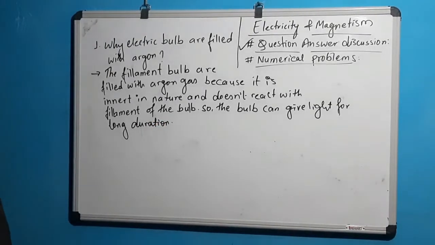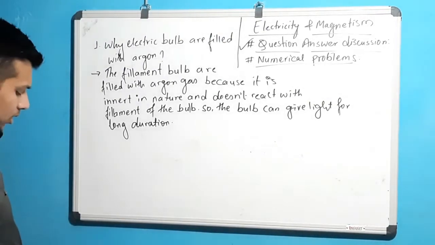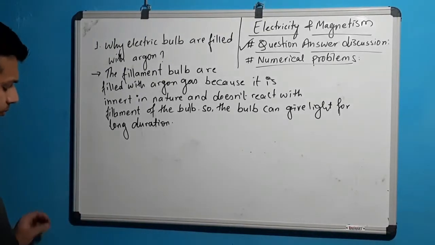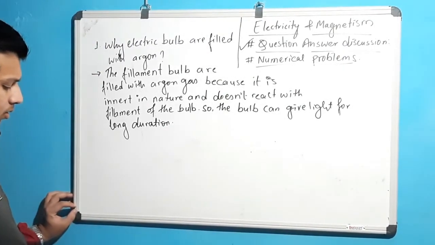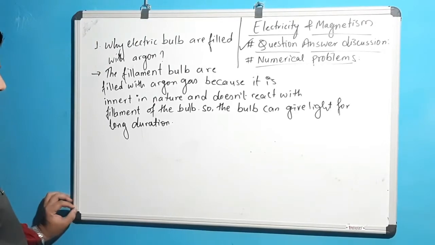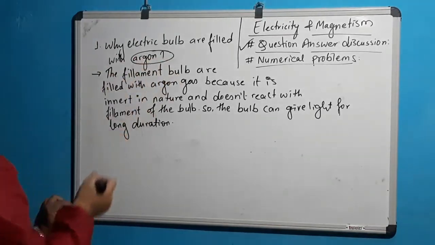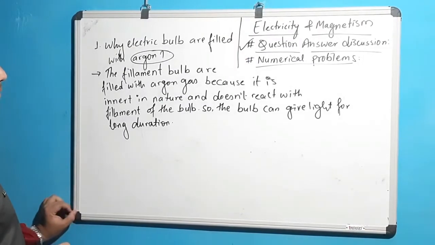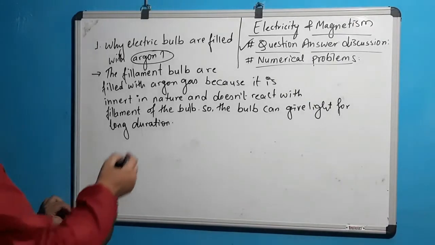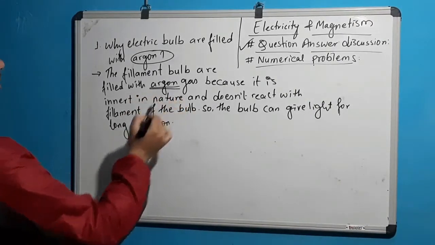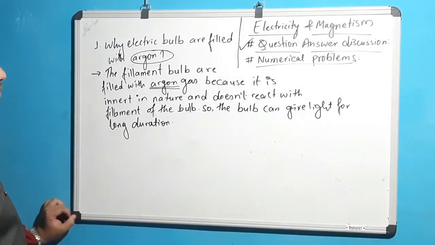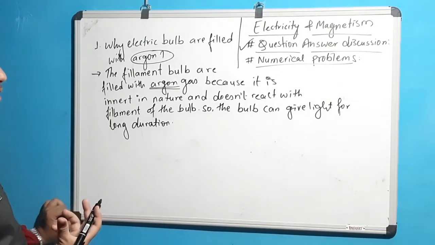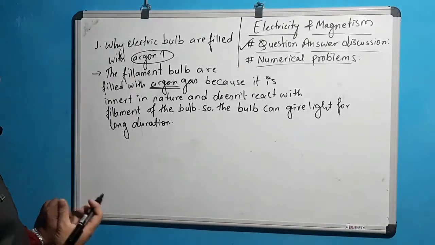In this way, we have to write the answer. Sometimes this question will be modified with some other gas. Instead of argon, some other gas may be written. In this case also, you should erase argon, then all the answer is the same. The gas used inside the bulb must not react with the filament.